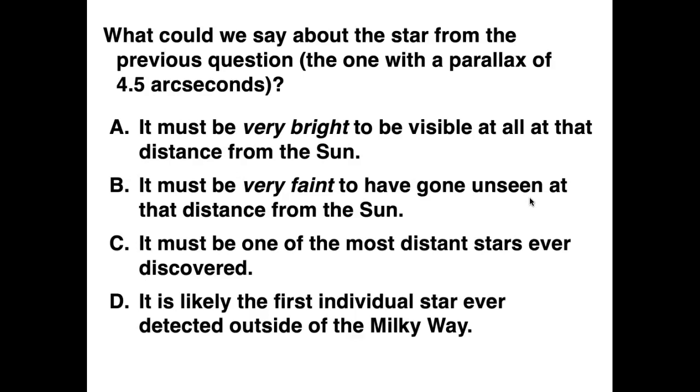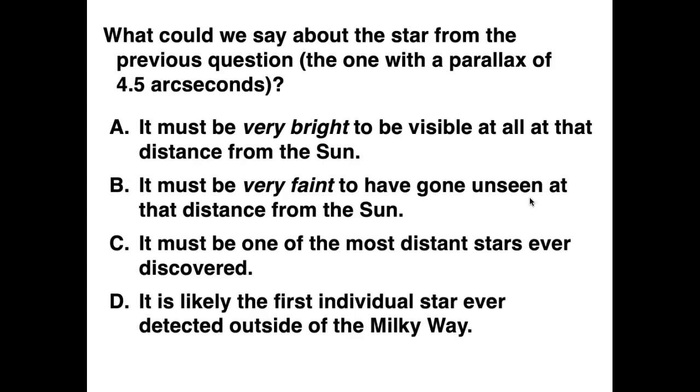And then you just discovered a star that's only 0.2 parsecs away. So you've discovered a star that nobody knew existed, and it's really, really close to us. How can that be? How can a star have gone undiscovered this whole time when it's right in our own backyard?